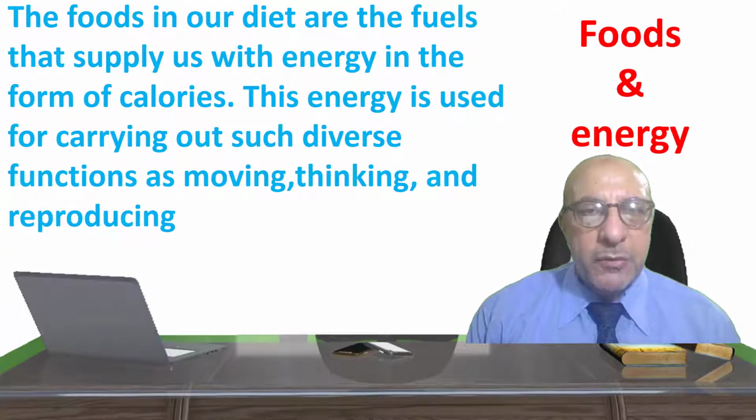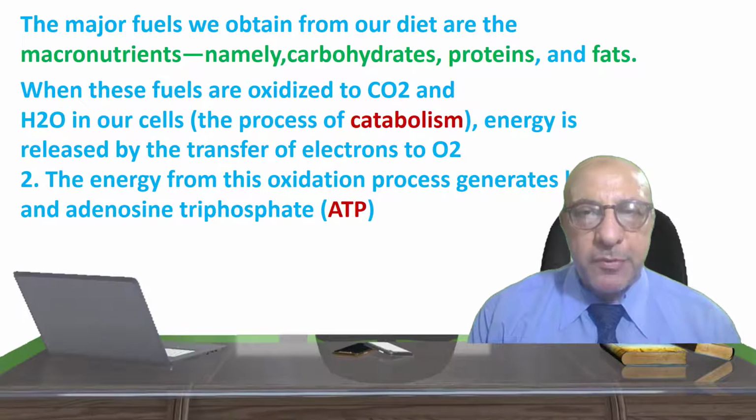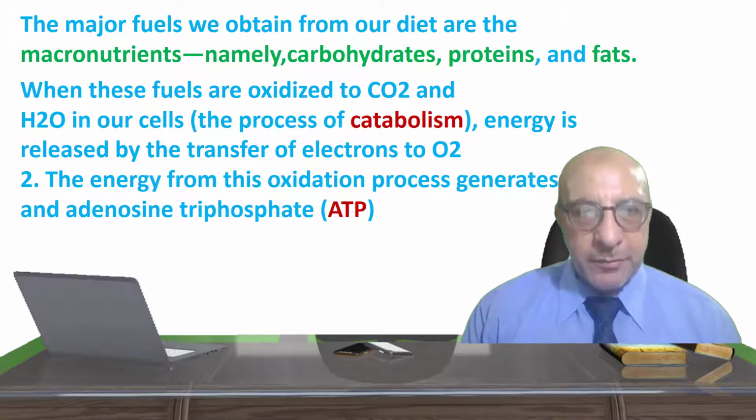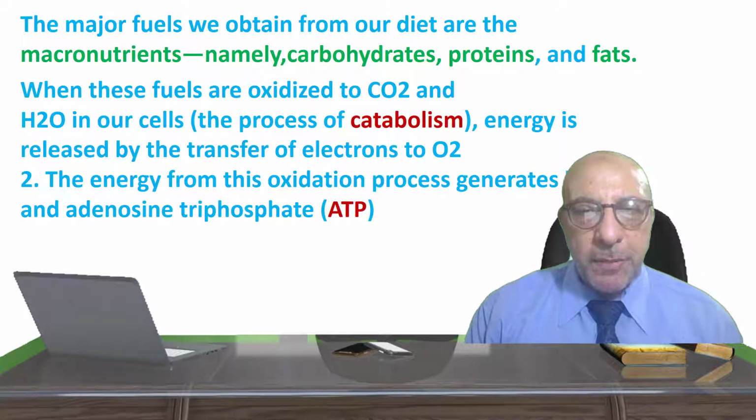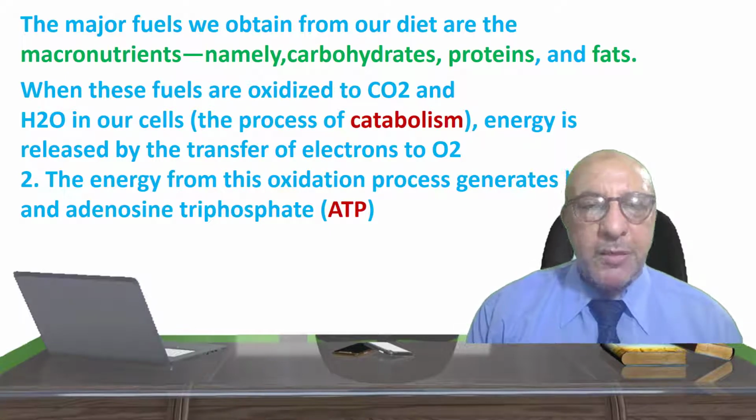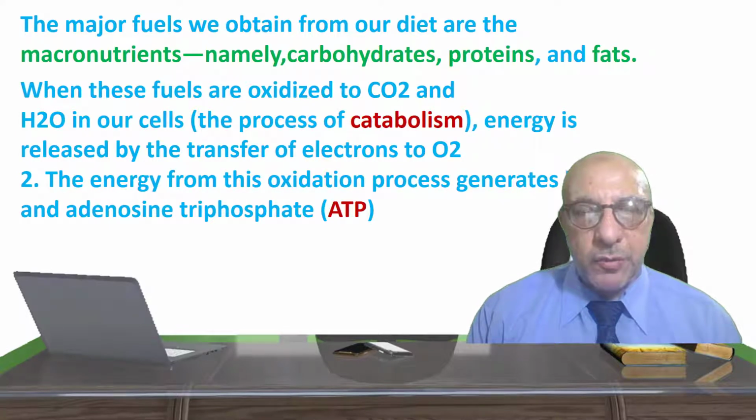The major fuel we are obtaining from diet is usually taken from carbohydrates, from proteins, and from fats. When these foods are oxidized in the tissues of the body, a process we call catabolism, energy is released, which is stored in the form of adenosine triphosphate, the main energy source for all body organs.